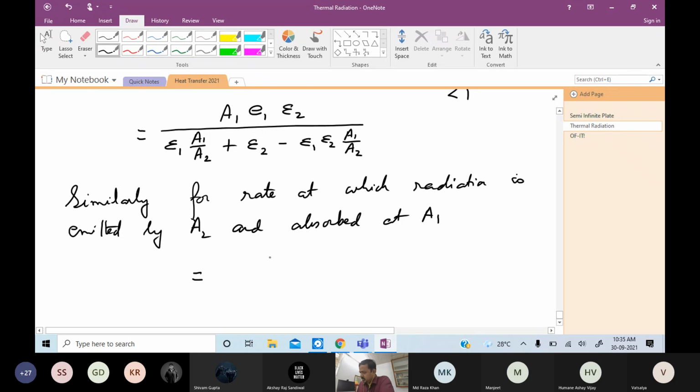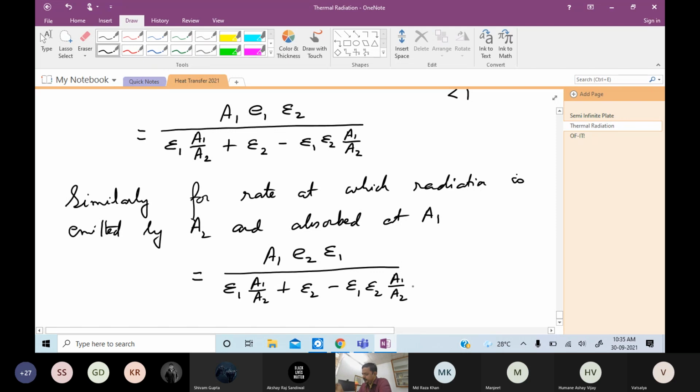That would be equal to A2 E2 epsilon 1 divided by exactly the same denominator. You can do this as a home exercise. Actually, it will be easier than the more complicated one I did.